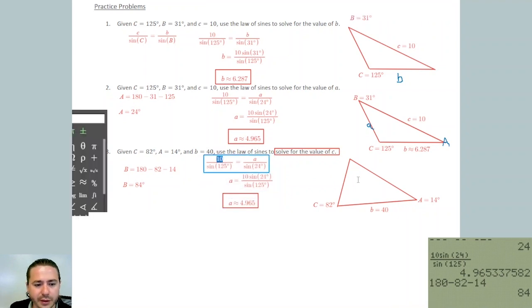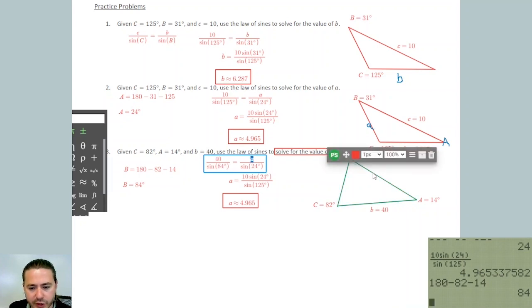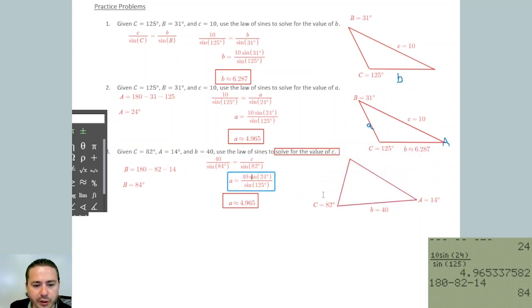So here's our pair for B, 40 over the sine of 84, and then I'm trying to solve for side C from the sine of 82. So this will end up being 40 times the sine of 82 divided by the sine of 84.